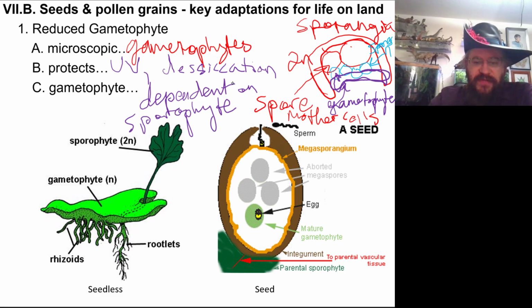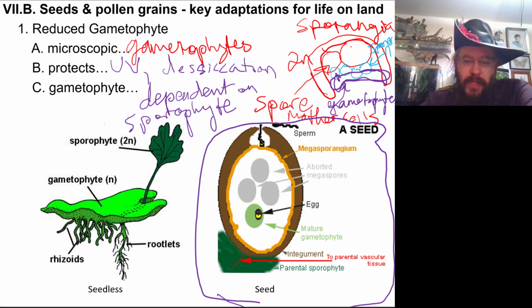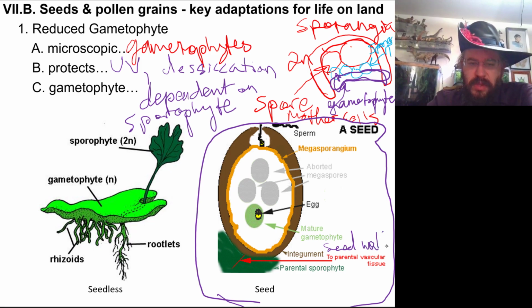So, over here we have this beautiful diagram of a seed right here. The integument is the outer wall of the seed. So, then lining the inside of the integument, we have the sporangium.